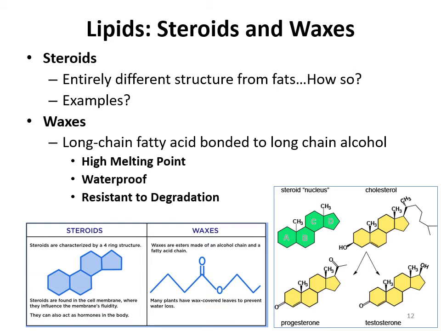It makes them waterproof, which is why you see that glossiness to waxes and why you see water just bead up into droplets on top of it. And they're very tough to break down. Okay, so when you think of waxes, think of fatty acids plus alcohol, and think of very resistant type of structure.